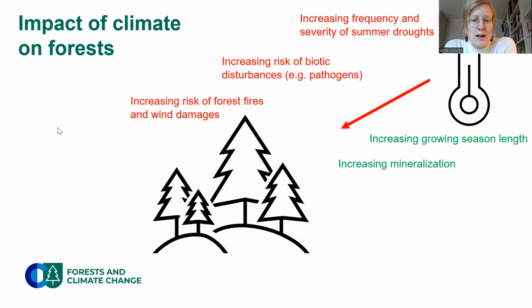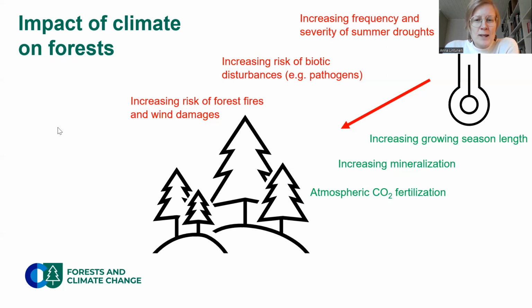So litter and other organic material in the soil is decomposing faster, and this way, the nutrients are mineralized for the use of the trees much faster. Atmospheric CO2 fertilization means that when the CO2 concentration is higher, the trees can photosynthesize more efficiently.